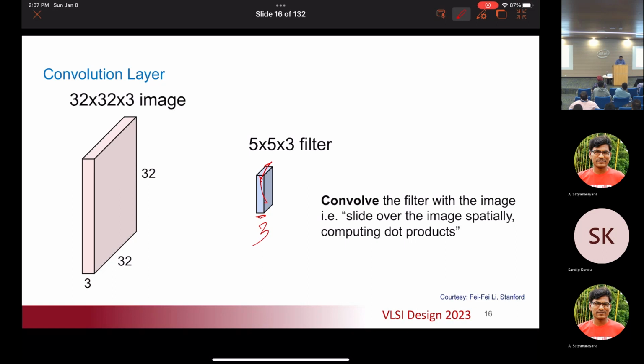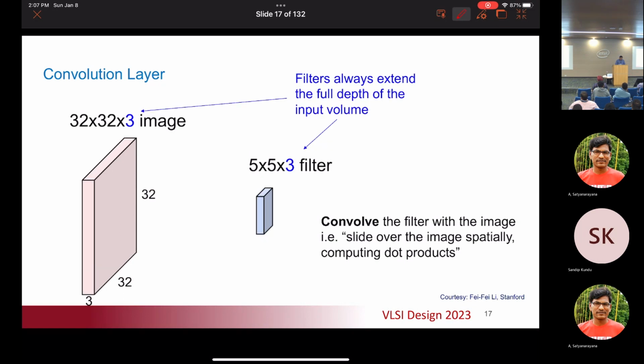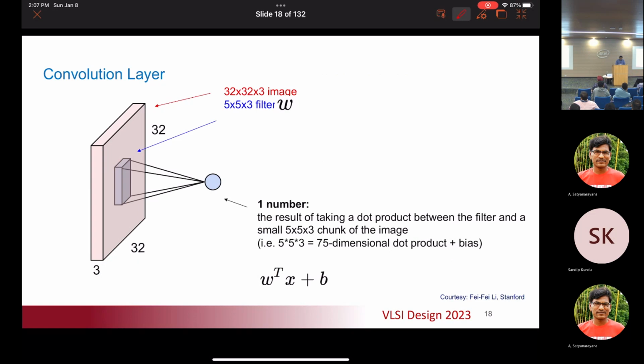So what you do in the convolution operation is you apply the filter on the image. You place this filter on the image somewhere, and let's just say that right now we have put it here. Then for each one of those elements, we perform a dot product. Wherever you are placed on the image, you have 5 by 5 by 3. It's not the whole image, it's just part of the image, which is 5 by 5 by 3.